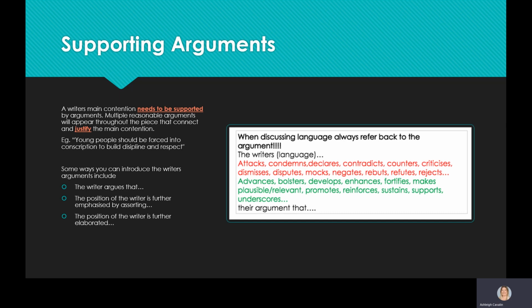If you have a look at the box on the right-hand side, there is some language you can use that can upskill the way you discuss argument. So you could say, the writer bolsters their stance by stating young people should be forced into conscription because of this notion of discipline and respect. Using some of these words can definitely improve your writing overall.